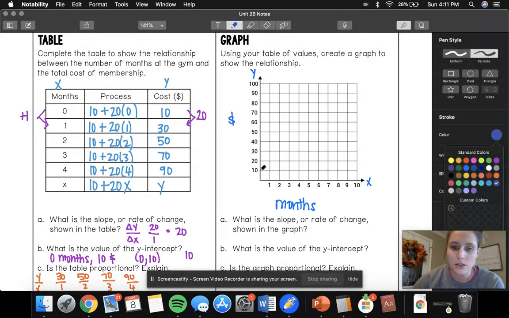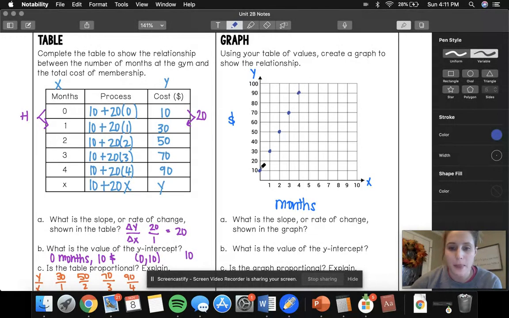So 0 months, $10. 1 month, $30. 2 months, $50. 3 months, $70. And 4 months, $90. Okay, so I'm going to draw a line, and I'm going to extend it past 4 and 90 because it could be more. It continues on.